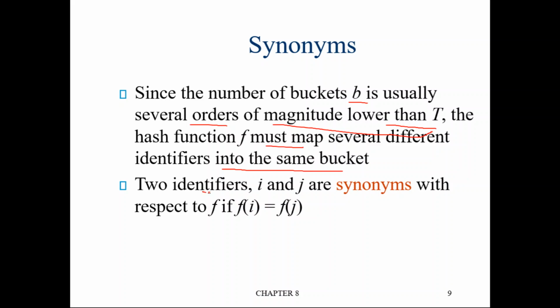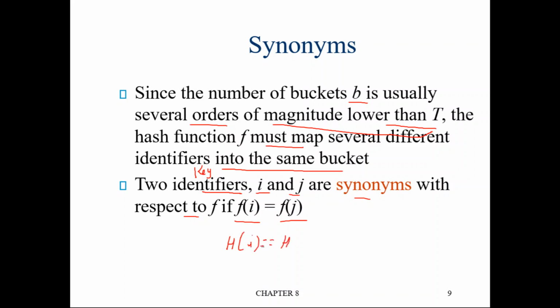Instead of identifiers you can call them keys. Two keys I and J are synonymous with respect to f if f of I is equal to f of J, or instead of f of I you can call it h of I, which is a hash function.